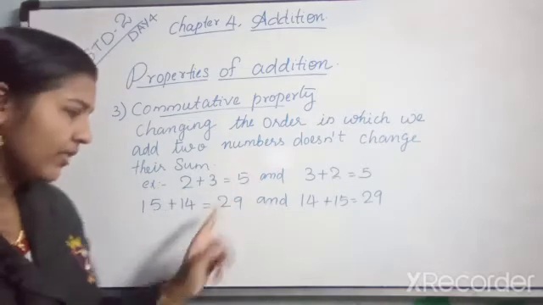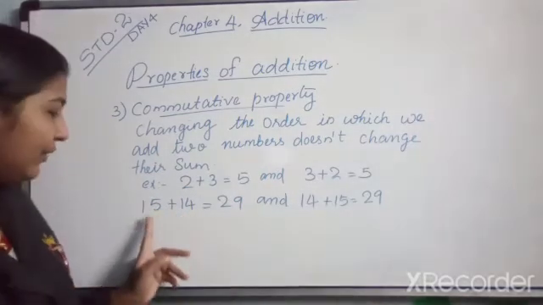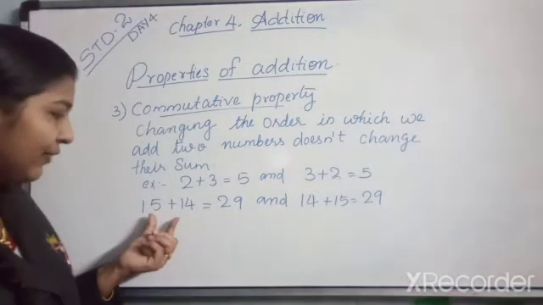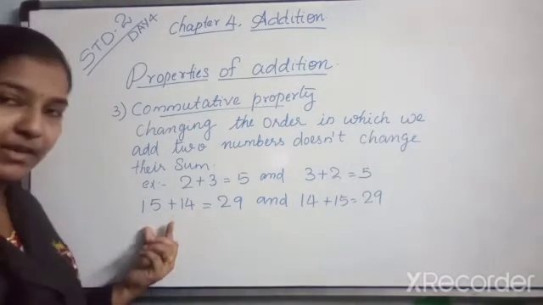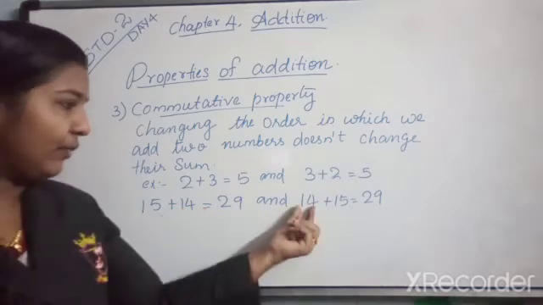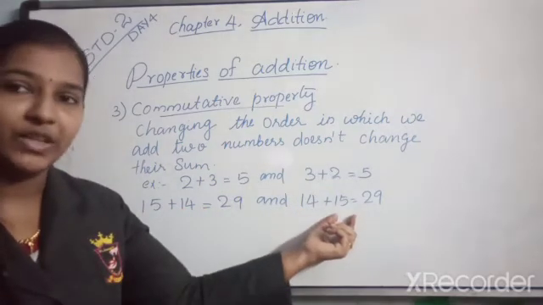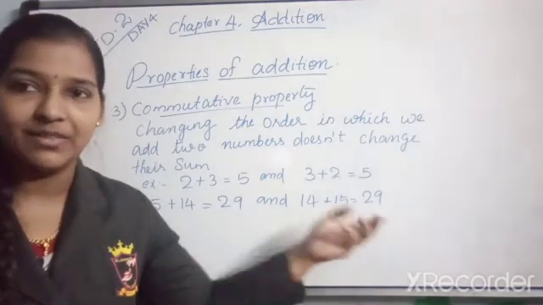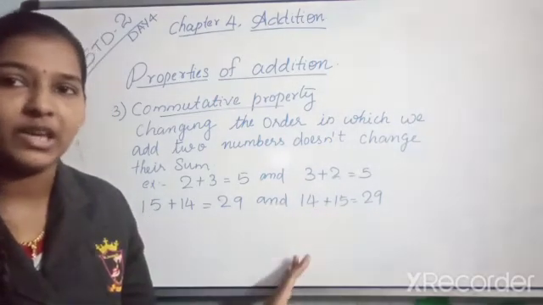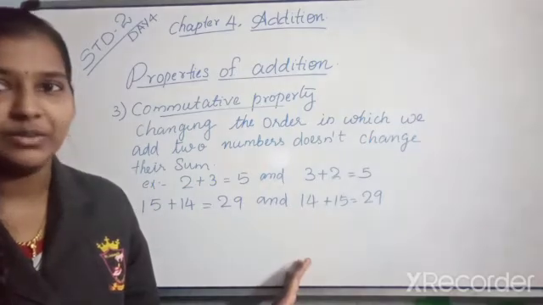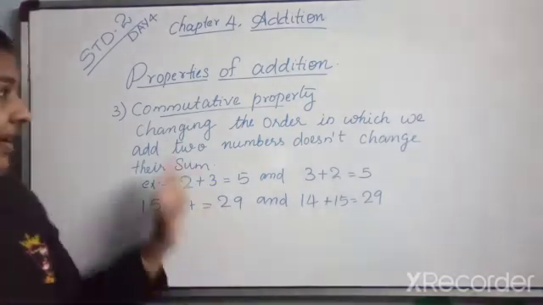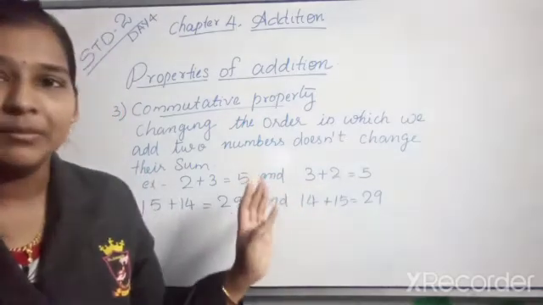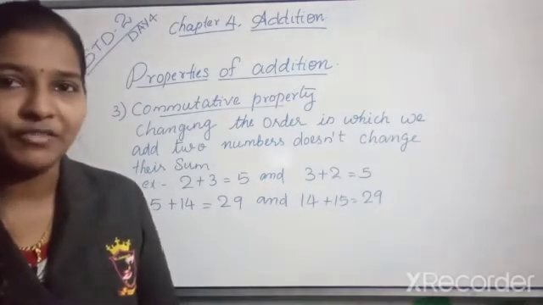Look at another example. 15 plus 14 is equal to 29. If we change the positions, with 14 in first position and 15 in second position, the answer is 29 itself. There will not be any change in the answer. So this is called commutative property of addition.